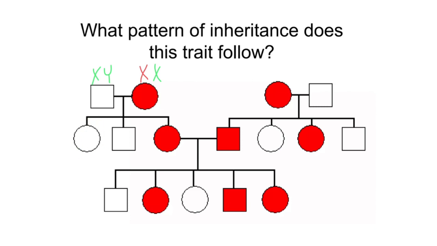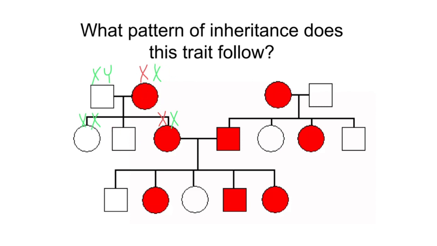And the genotype of the male is going to be normal X and normal Y chromosome. Now let's assume that this female got a normal X chromosome from the mother's side, and from the father's side she can only get a normal X chromosome, so that explains her normal phenotype. Now let's assume that this female here got a defective X chromosome from the mother's side, and from the father's side she can only get a normal X chromosome, but because we assume that this is an X-linked dominant genetic disorder, she is going to express it just like her mother.